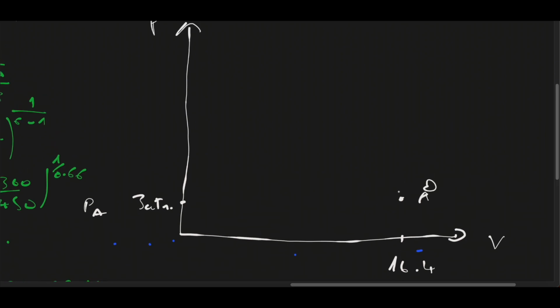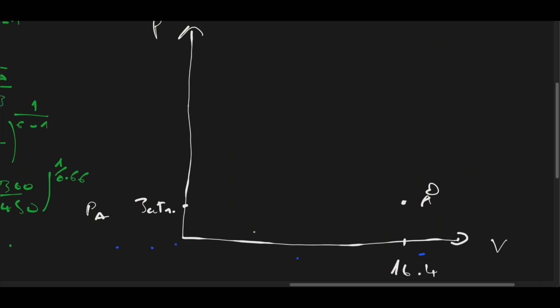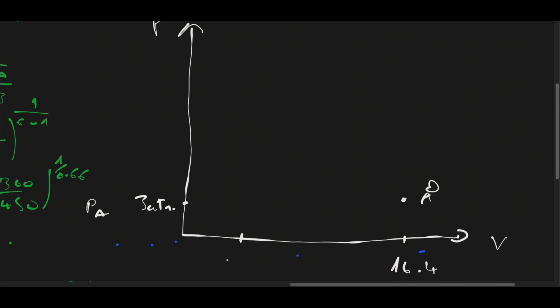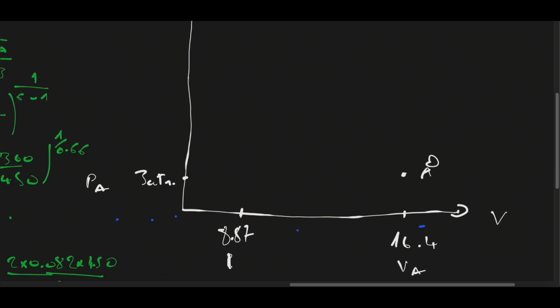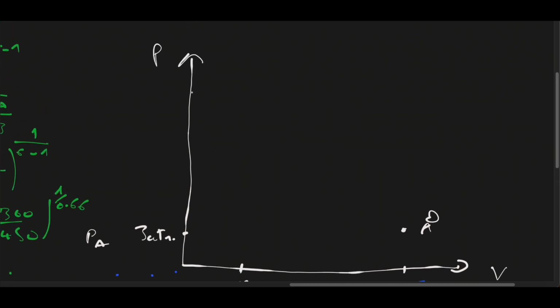Now the gas will undergo a compression, which means that the volume will decrease to 8.87. Here we have the state B. It will reach the highest pressure, 8.32 atm.